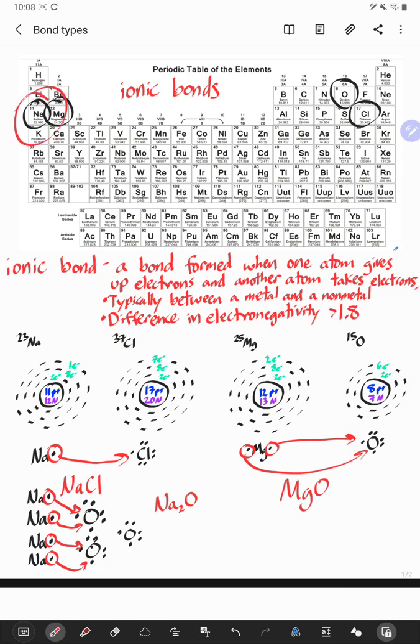Whereas sodium and magnesium have very low electronegativity values, to where they don't have any attraction for electrons really. They want to get rid of them. So it works out perfectly when one atom is attracting the electrons and pulling them towards it, and the other one doesn't want them at all and has very low electronegativity values. So just a preview on what we'll be covering later on. But what I wanted to accomplish today is that it's a complete transfer of electrons.